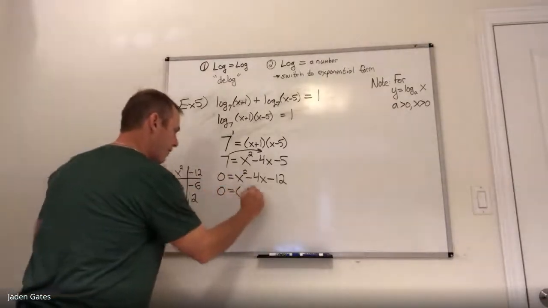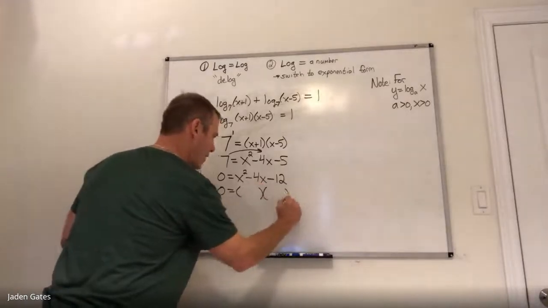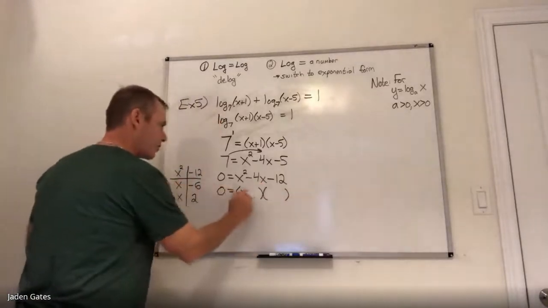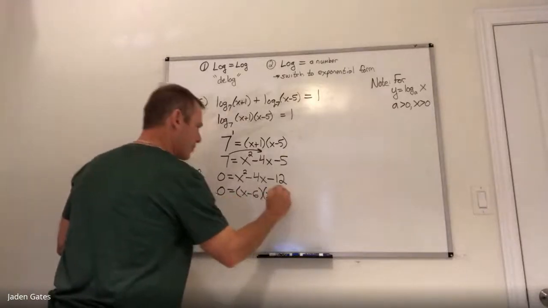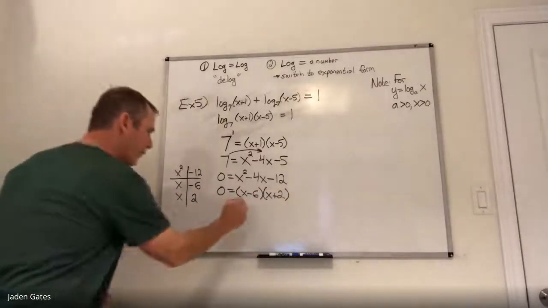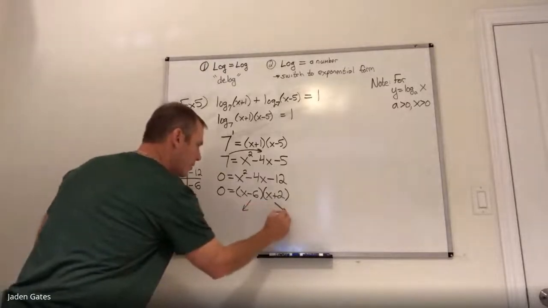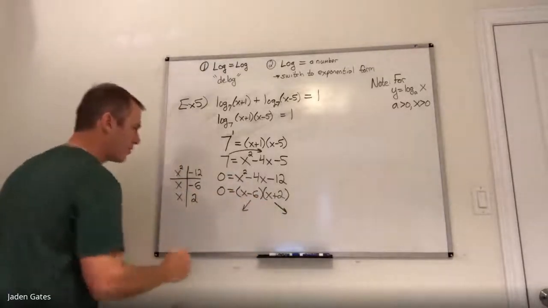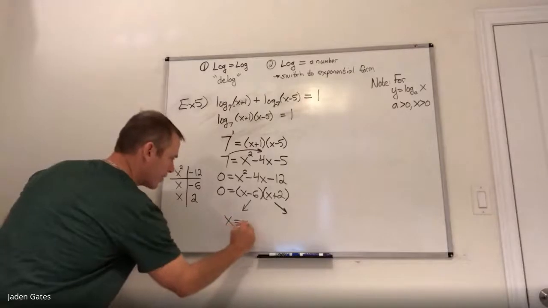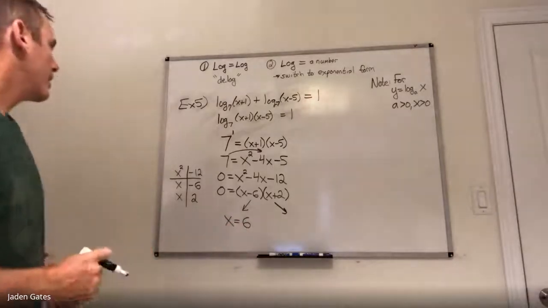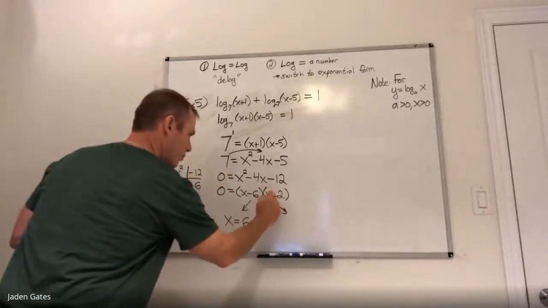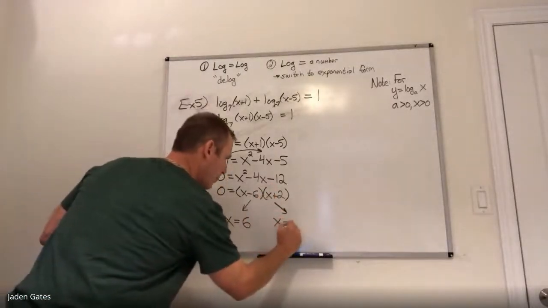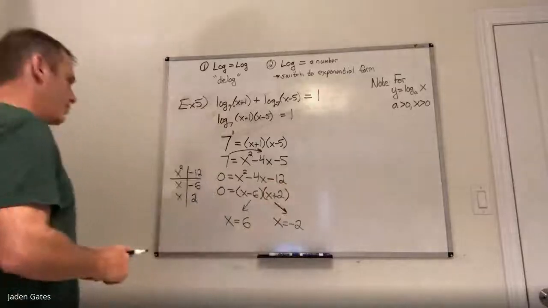So I have factored it. x minus 6 is one factor, x plus 2 is another factor. Now if I solve each piece, what makes that piece equal to 0? That would be x equals 6. There's an answer. And negative 2 would make the other part equal to 0.